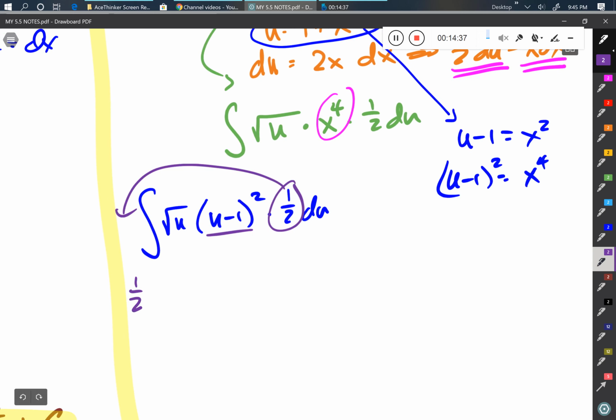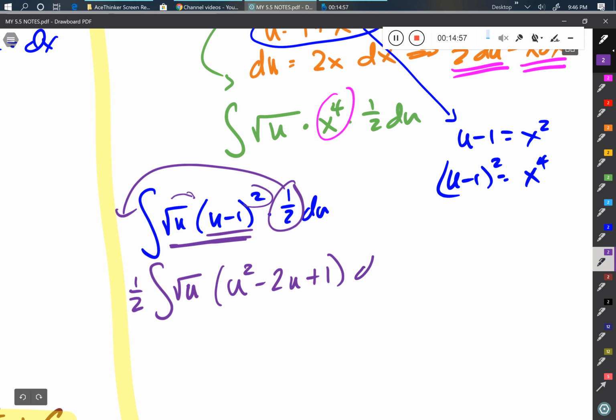Now, if you're asking why I'm going to distribute this one out, the only way that this integrand is going to integrate is if I can actually do this multiplication, that root u times something. And I can't multiply that root u times something as long as that squared is sitting there. So I'm going to multiply it out.